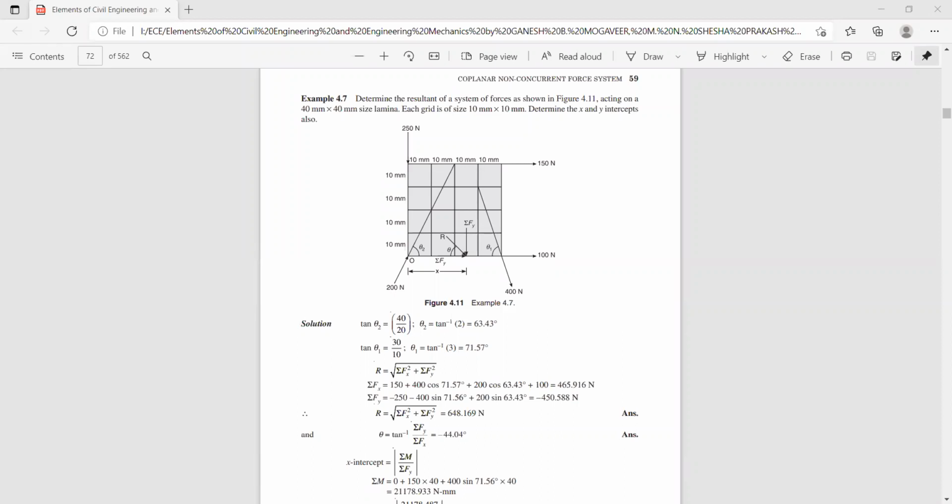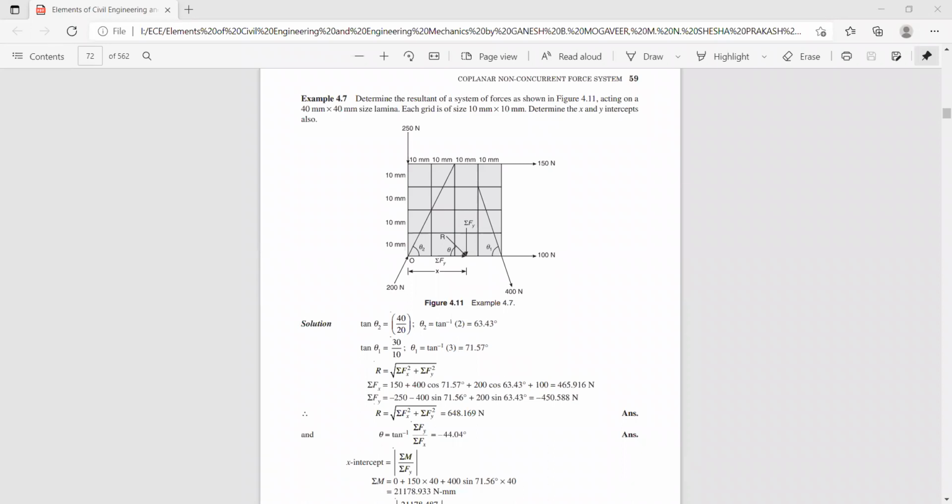You can convert it into meters also. Here you can take it as 0.04, so then the calculation becomes simple. You can either keep it in Newton millimeter or Newton meter. So you got the sum of the moments.